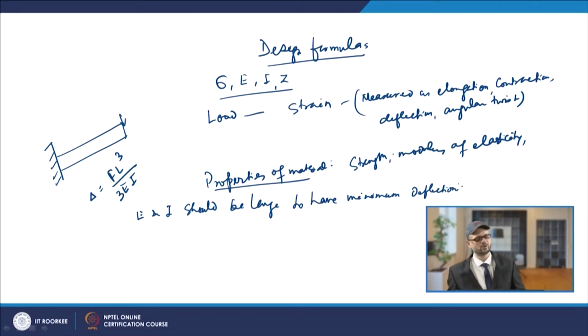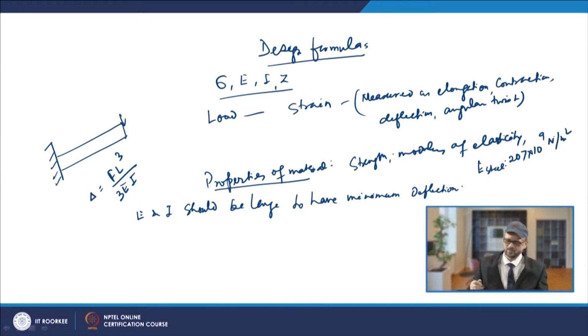The value of E for steel is about 207 times 10 raised to the power 9 Newton per meter square.